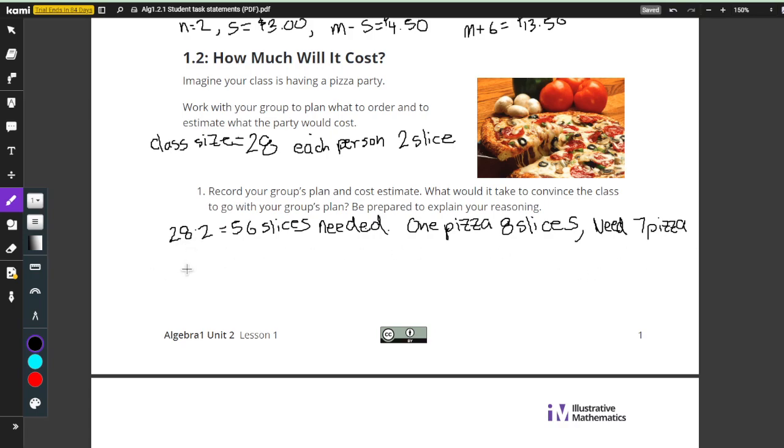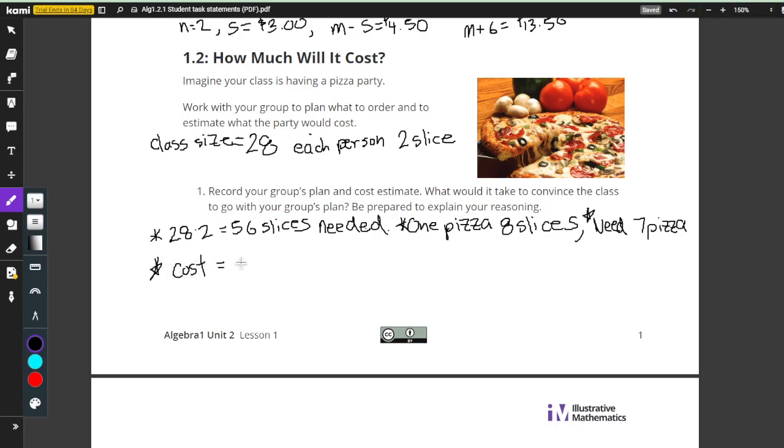What else do we need? Well, we need the cost of pizza. So here's 1, here's 2, here's 3. The next one over here is we are going to need to know what the cost of the pizzas are.